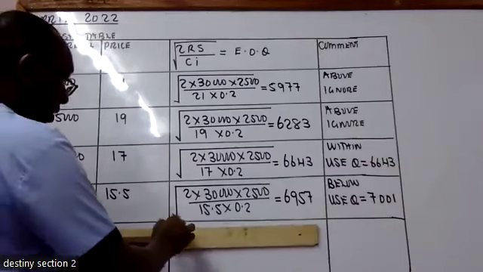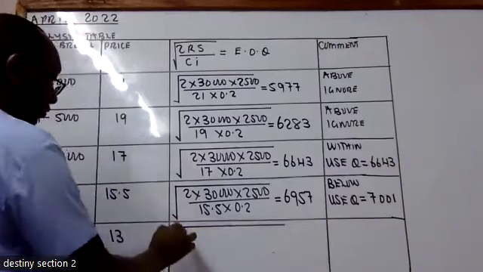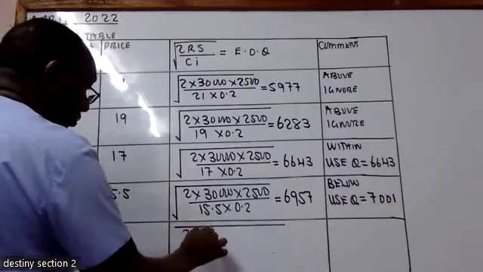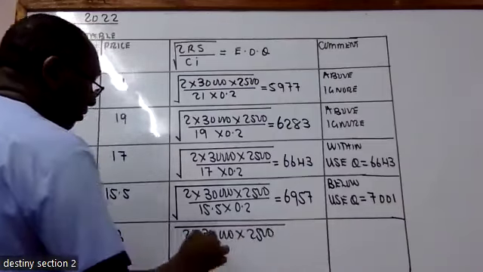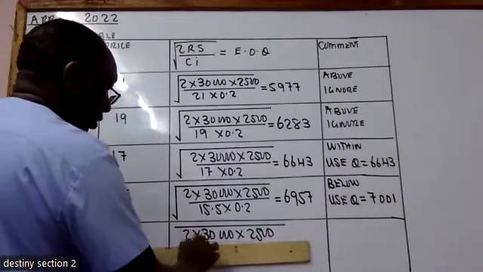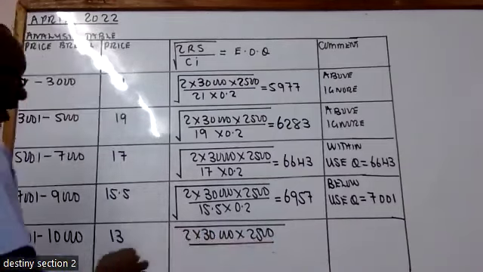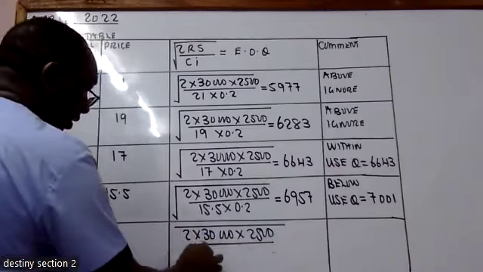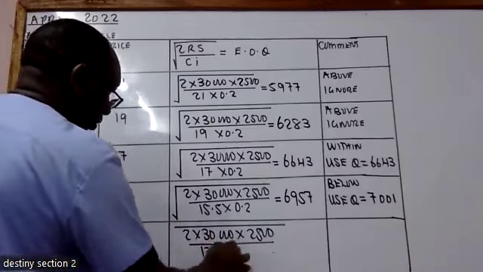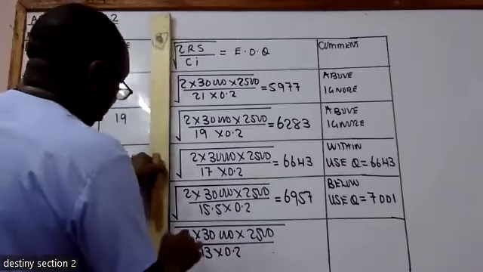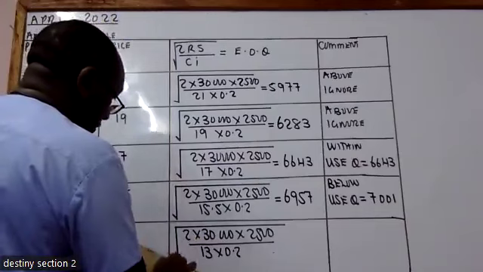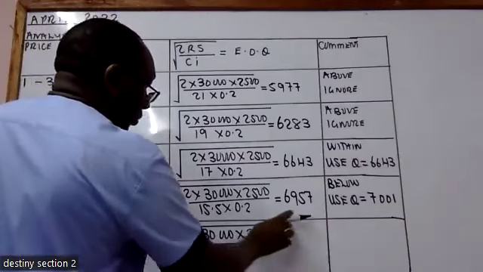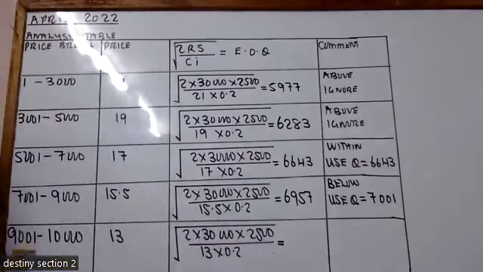So once again, we do the square root of 2 times 30,000 times 2,500, you divide this by 13 times 0.2. So you give me the answer there.